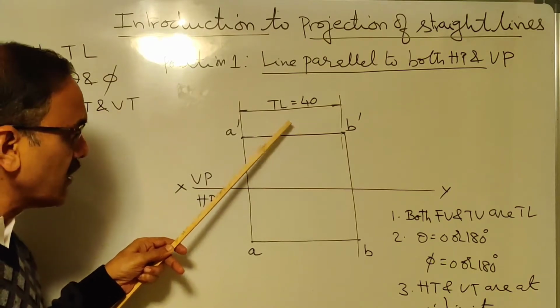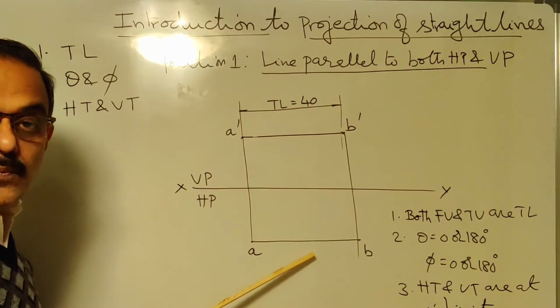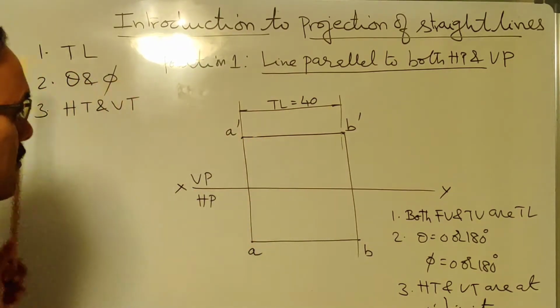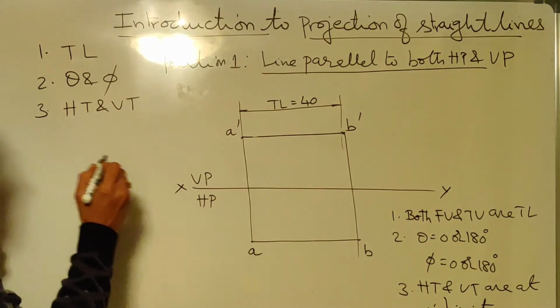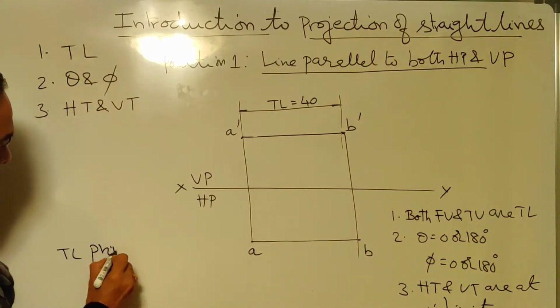Similarly, if the front view of a line is parallel to XY line, then its top view is true length. I'll write the statement here, you can copy it down. It's called the TL principle.